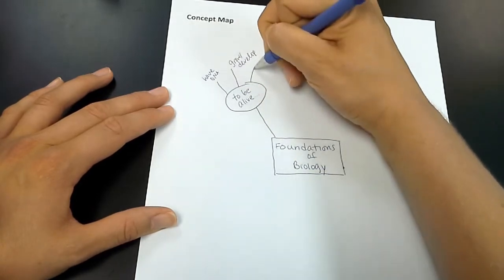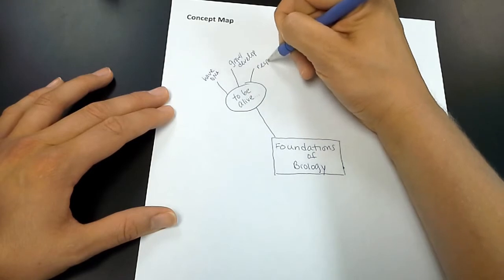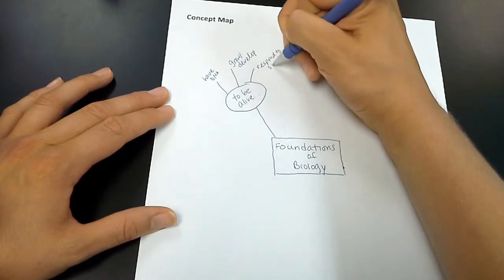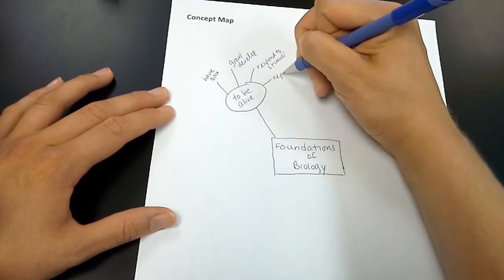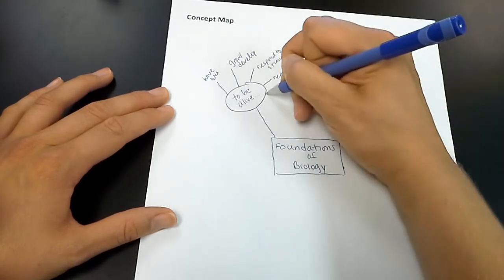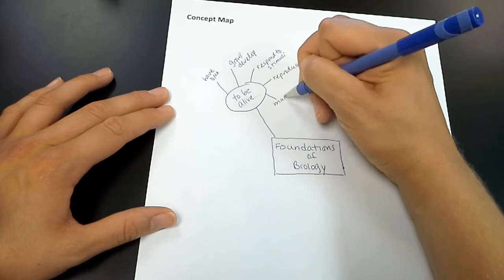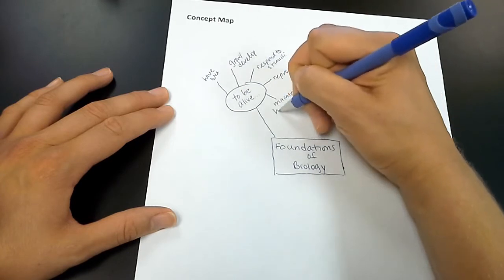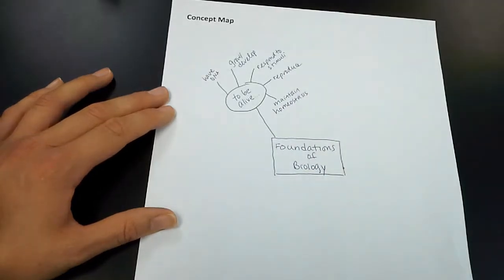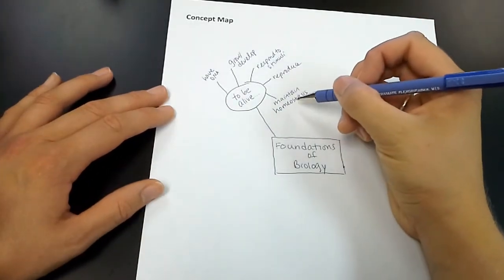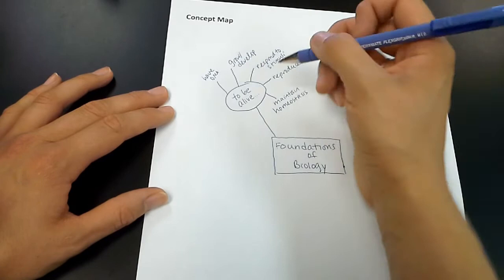These are all those characteristics of life that we looked at. Respond to stimuli. Something needs to be able to reproduce. Needs to be able to maintain homeostasis. Remember, that's that constant state of internal balance, like if you're cold, you're going to shake to warm up.